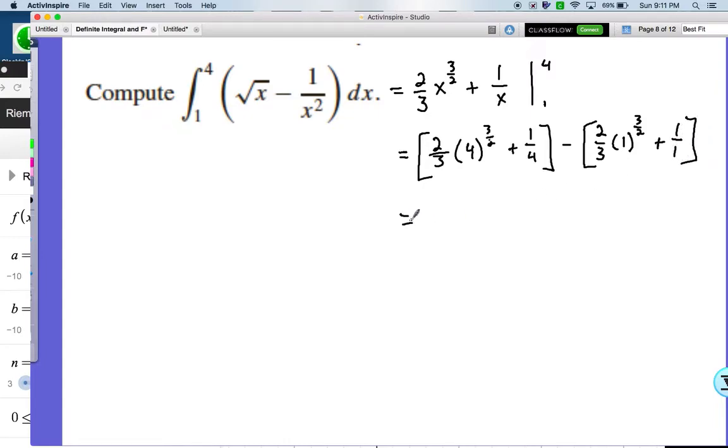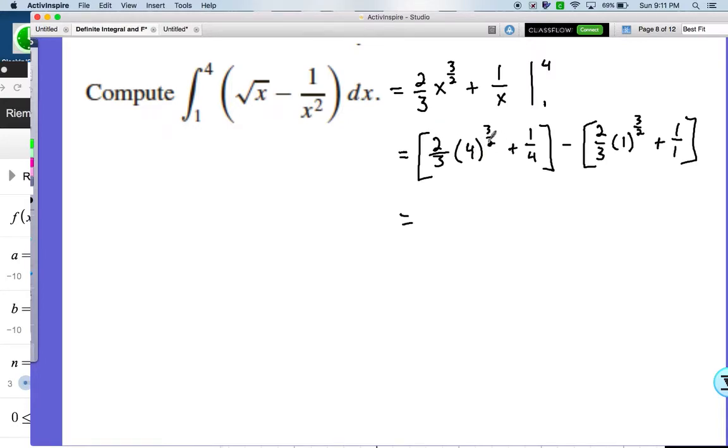And then at this point, it's just doing some arithmetic. On a free response problem, you could definitely stop there. Anything that I could stick into a regular scientific calculator and get an answer to, they're totally fine. But for our work and for our practice, just go ahead and work it out. So 4 to the 3/2 power.